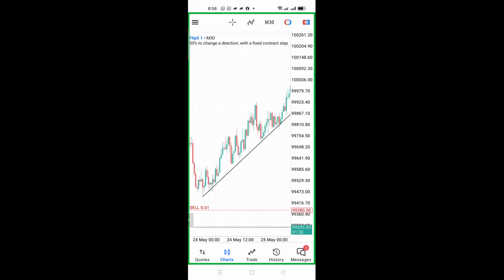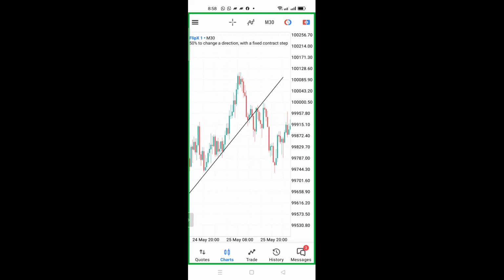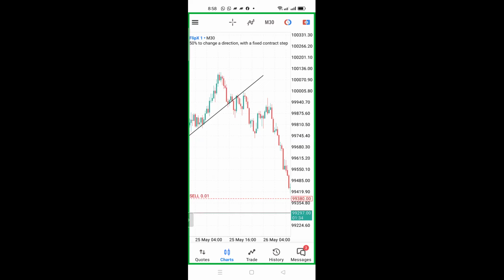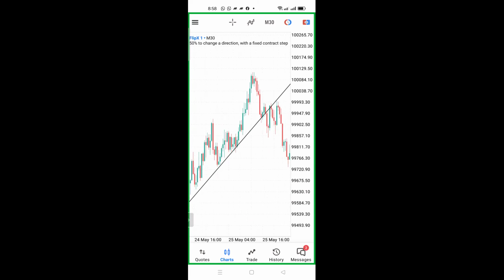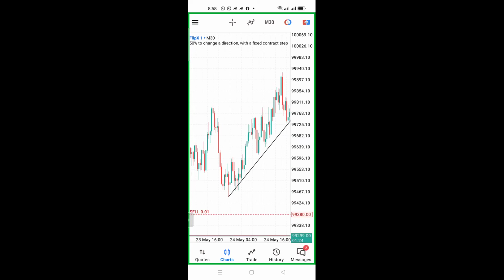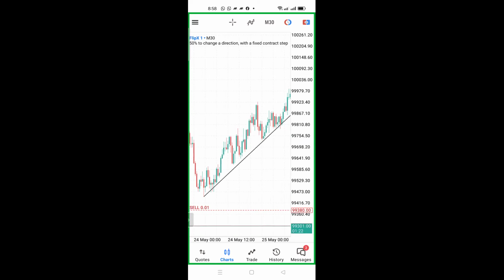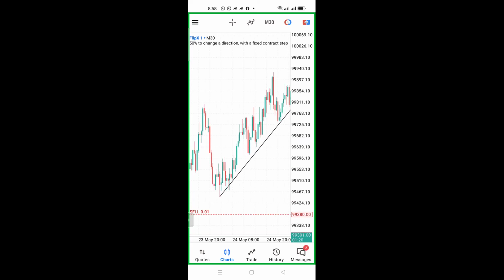Now, if you remember what I taught you during the presentation and on the desktop image, you can see that this guy was doing higher highs and higher lows. It's just that this MT5 does not have a tool that will easily draw higher highs and higher lows for you.